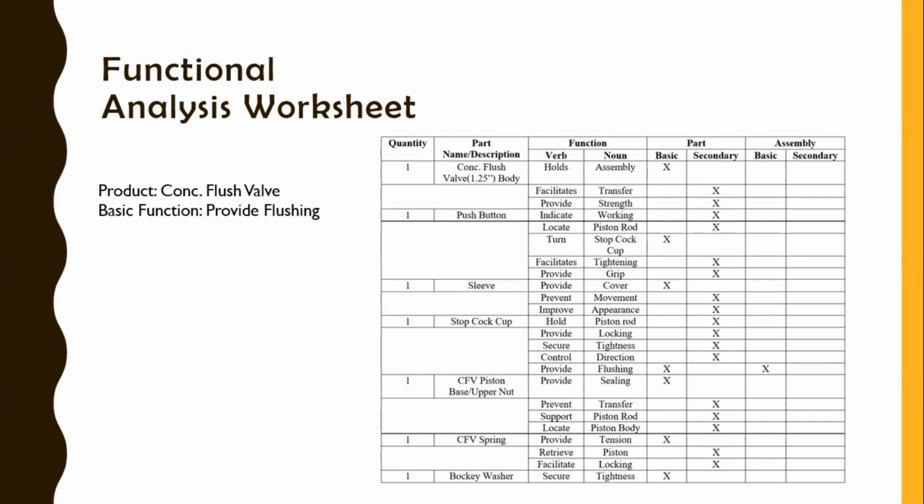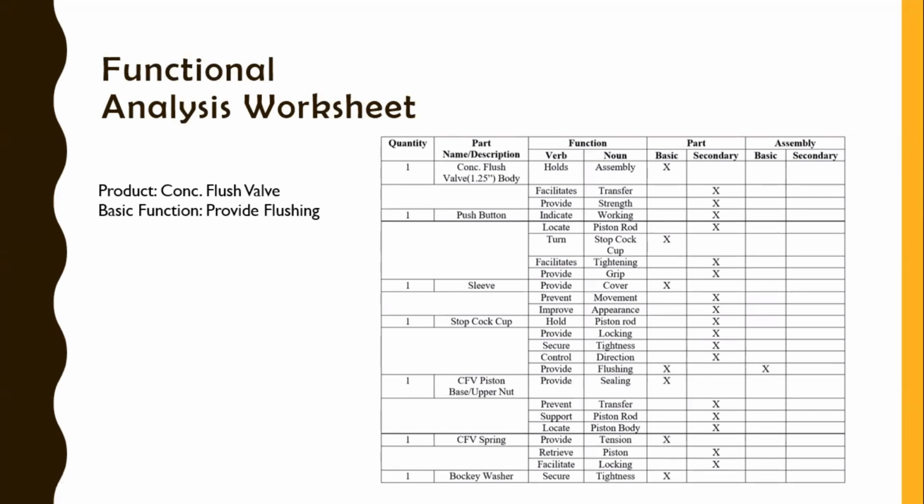And you see this functional worksheet. You enter each function, why it is there, right? And so the first one, the valve, it is to hold and assemble. Okay, so it's hold it and connect it.